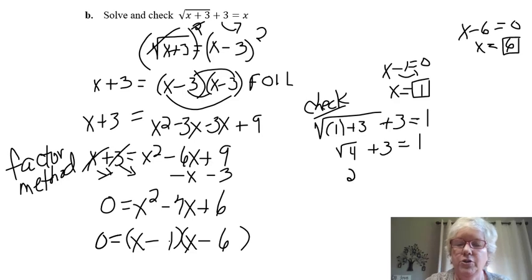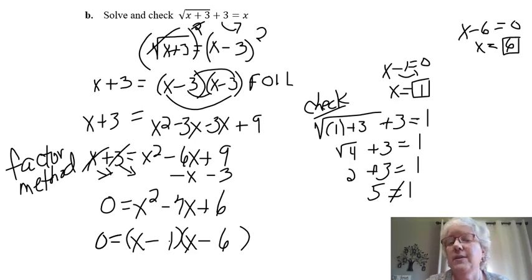Square root of 4 is 2. 2 plus 3. Oh my, that's not equal to 1. 5 equals 1. See, that's not true. So if you get something that does not check and is not true, you're going to have to go back and not use that solution.